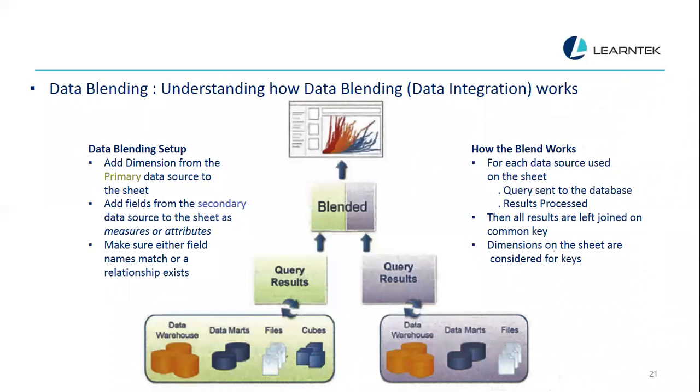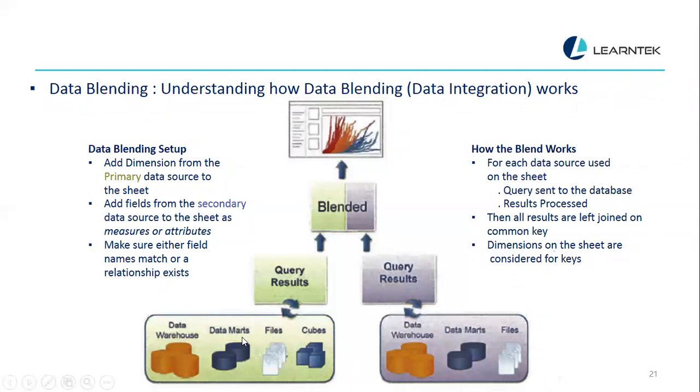To integrate data, you must first add one of the common dimensions from the primary data source to the view. Say this is the primary data source to the left.